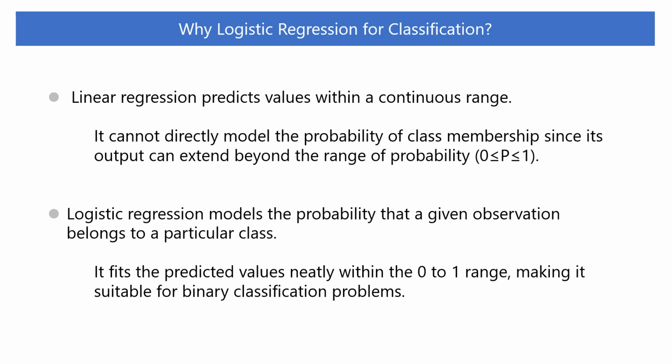Logistic regression, however, is specifically designed for classification. It models the probability that a given observation belongs to a particular class, fitting the predicted values neatly within the 0 to 1 range, making it exceptionally suitable for binary classification problems.